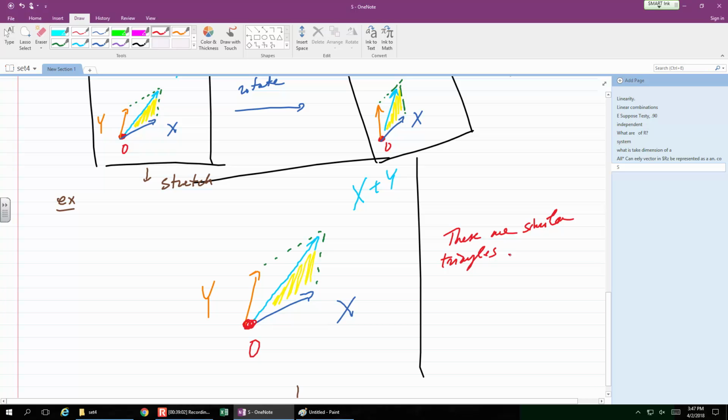So those are similar triangles. But other than that, as you can see, a parallelogram is still a parallelogram, and the diagonal of the parallelogram remains the same, so that's why the summation remains where it was. So my x plus y is still there where it was, and indeed it gives me the addition.